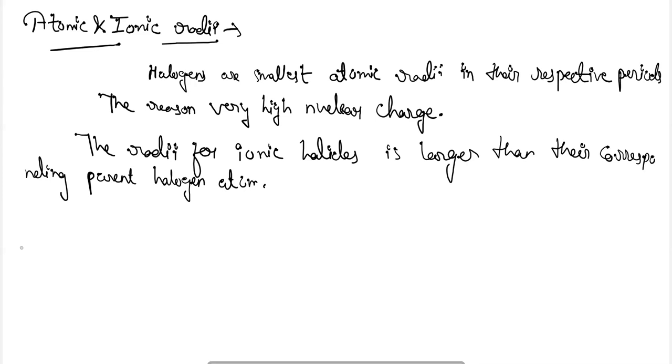Next is the trend for ionization enthalpy. So for ionization enthalpy, the trend here is that the ionization enthalpy of halogens is very high.